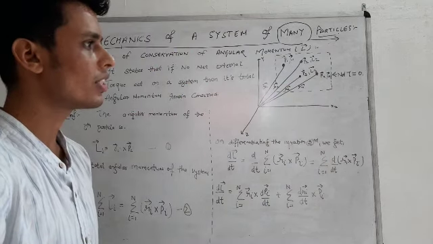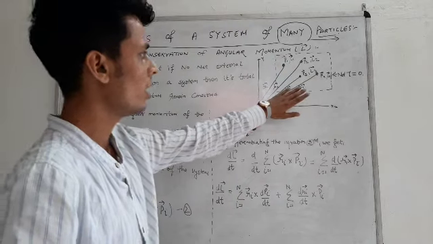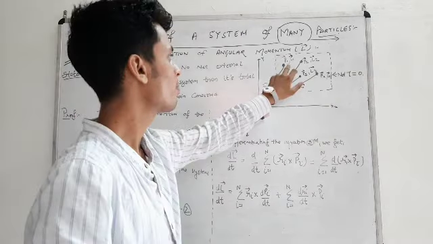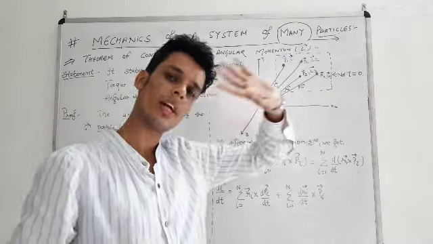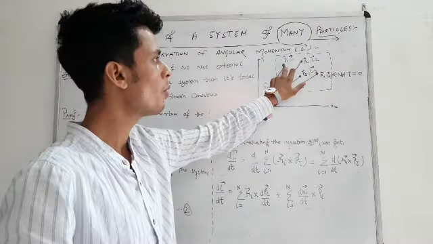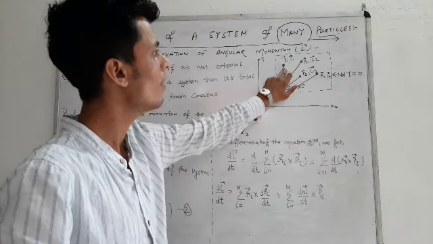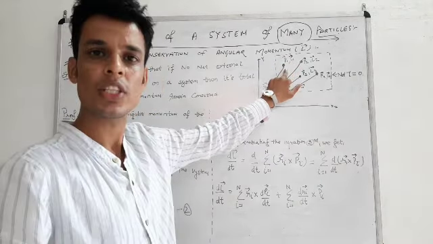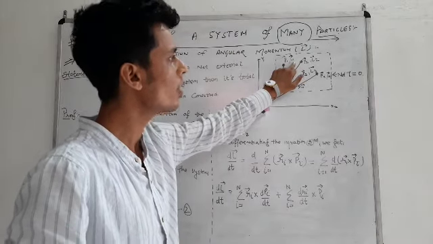So we have a system which consists of 4 particles. Each particle has its own linear momentum as well as its own angular momentum. The first particle has P1 as its linear momentum and L1 as its angular momentum.